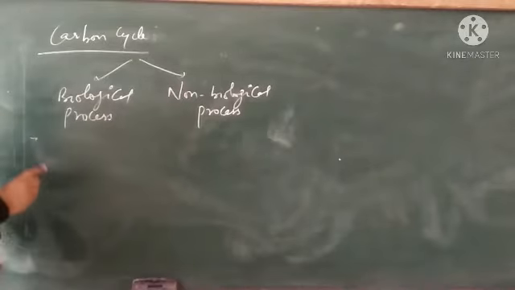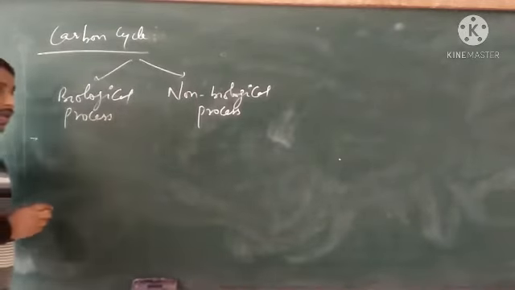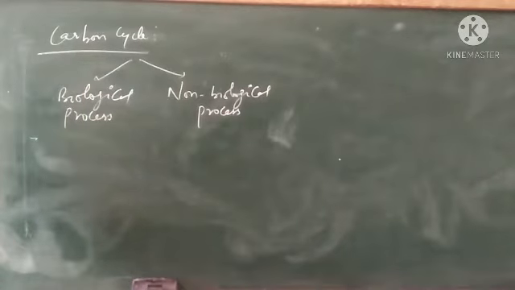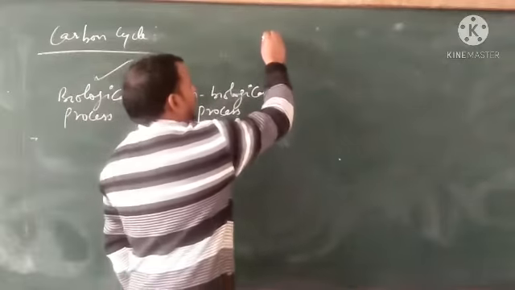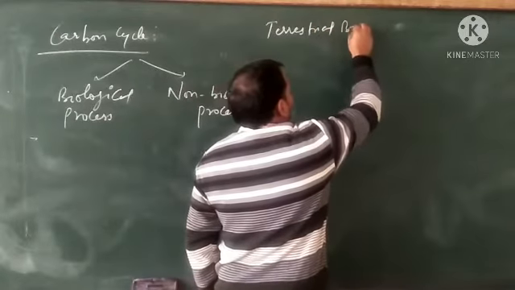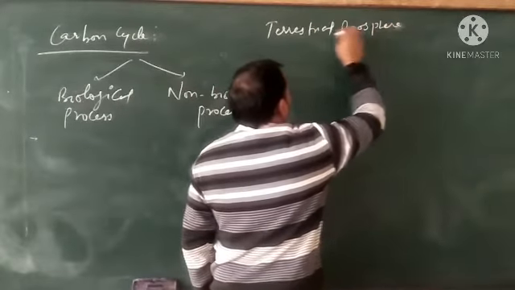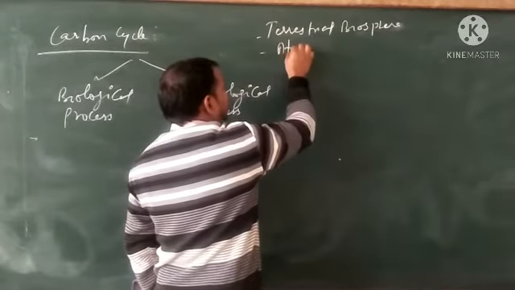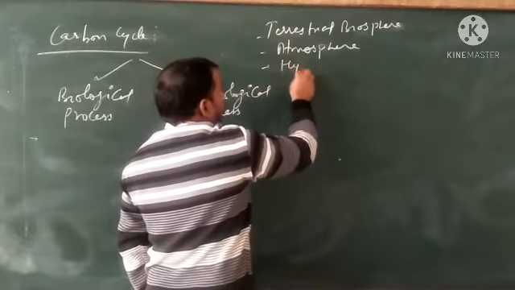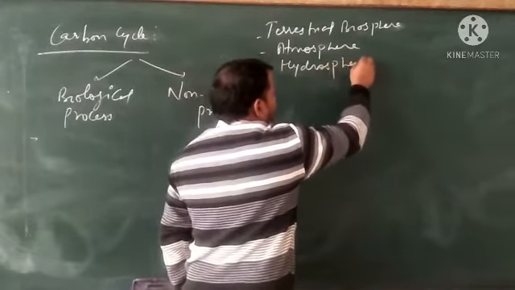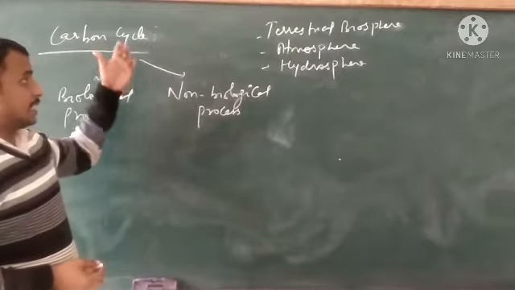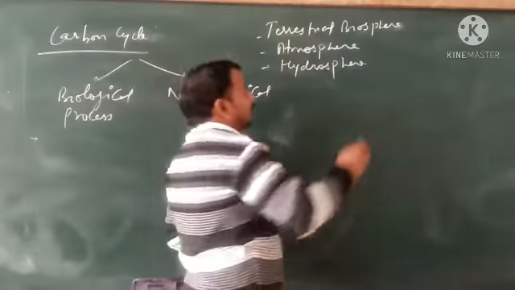The carbon present in the environment is present at different levels: terrestrial biosphere, atmosphere, and hydrosphere. These are the different spheres where carbon is present in different concentrations.